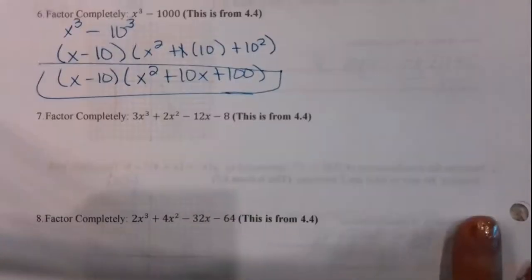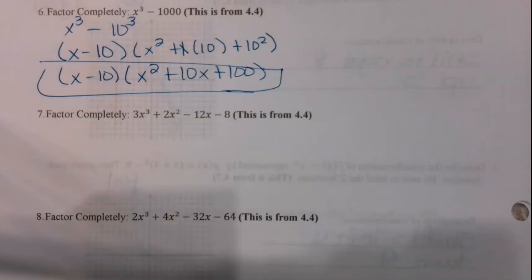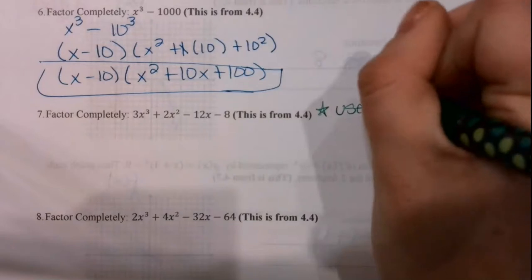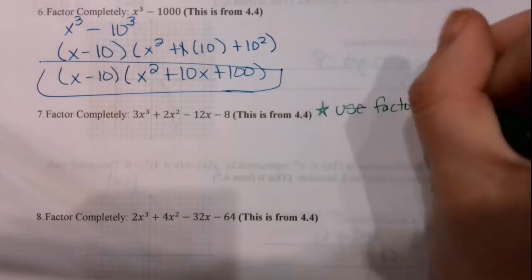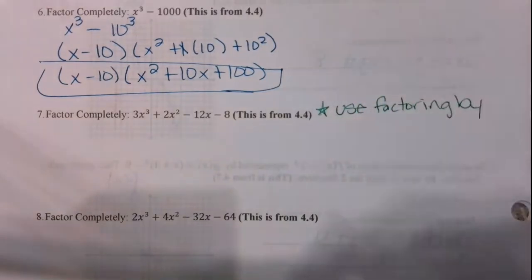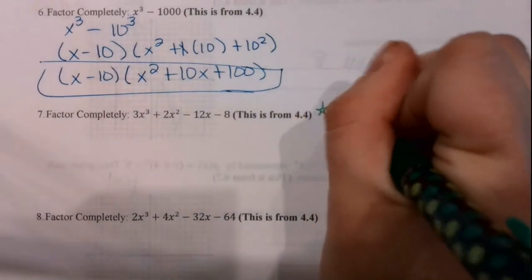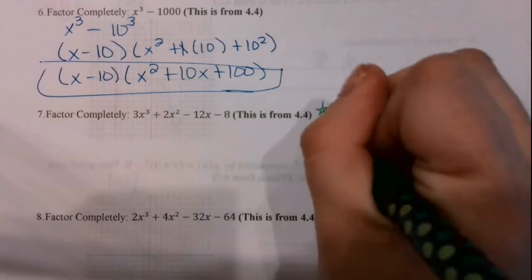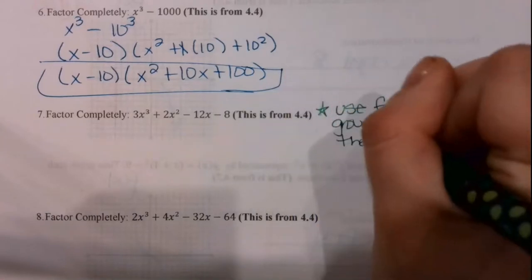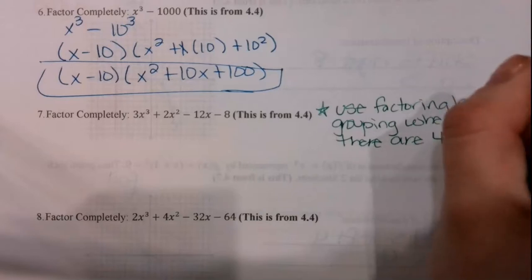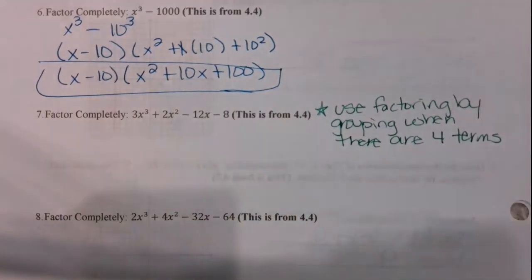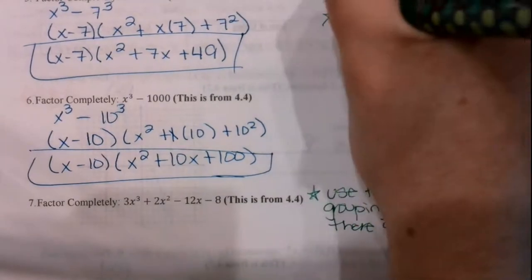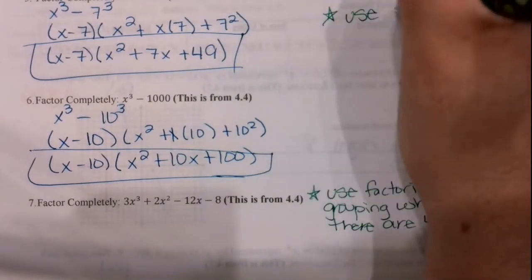Number 7, this has 4 terms, so I want to factor by grouping. And I should say up here, I use the formulas on the front when there's only 2 terms.